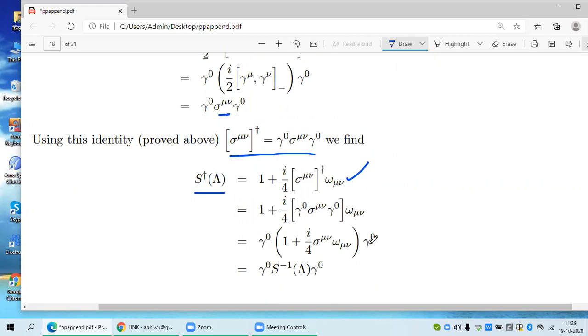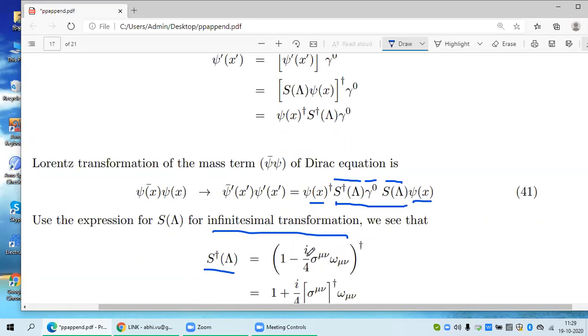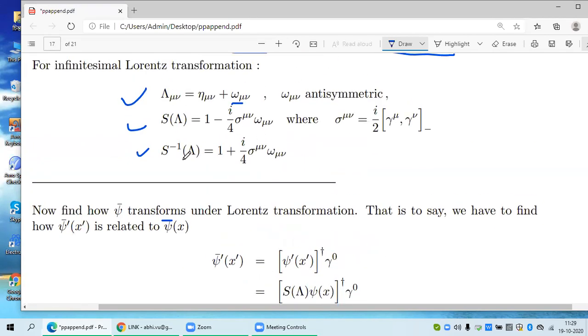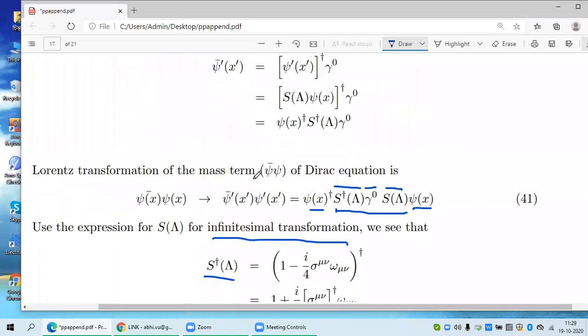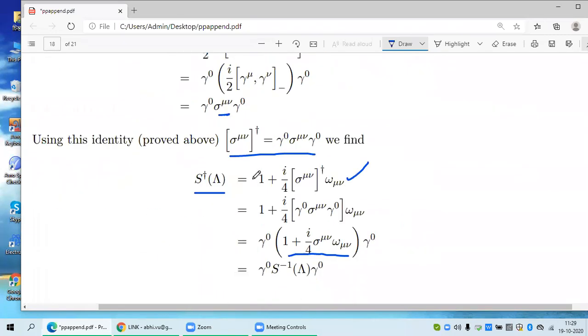And what is this thing? You can remember this is S inverse gamma, because S gamma is this, and S inverse gamma is plus of this. So what you obtain is that S dagger gamma is basically gamma 0 S inverse gamma.